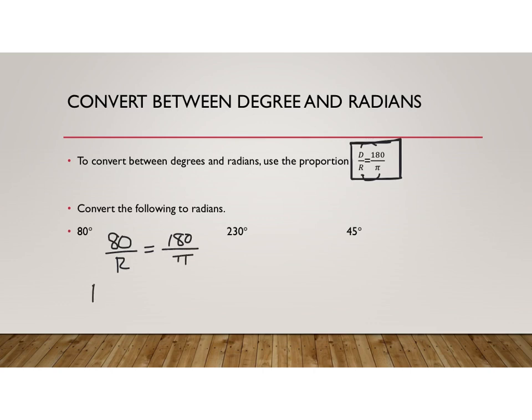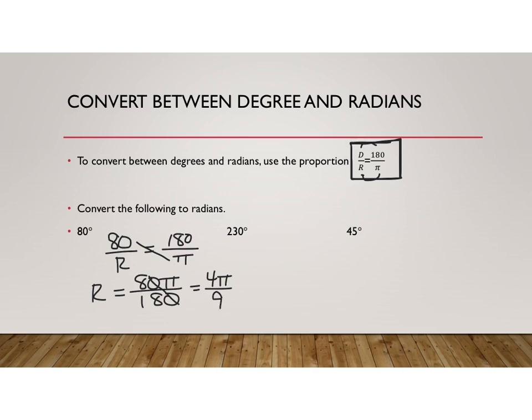To do this, I'd cross multiply and divide. So it'd be 80 pi over 180. Now I could cancel, I could take a 10 out of these, I could reduce, and it would be 4 pi over 9. That would be what we call the exact value.